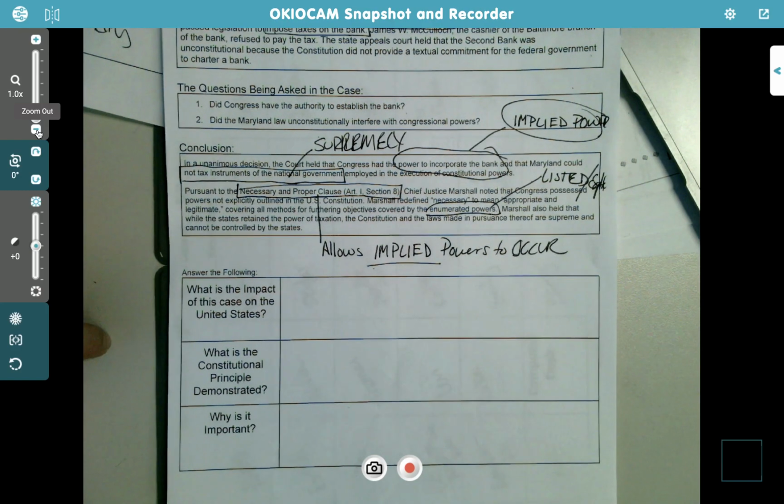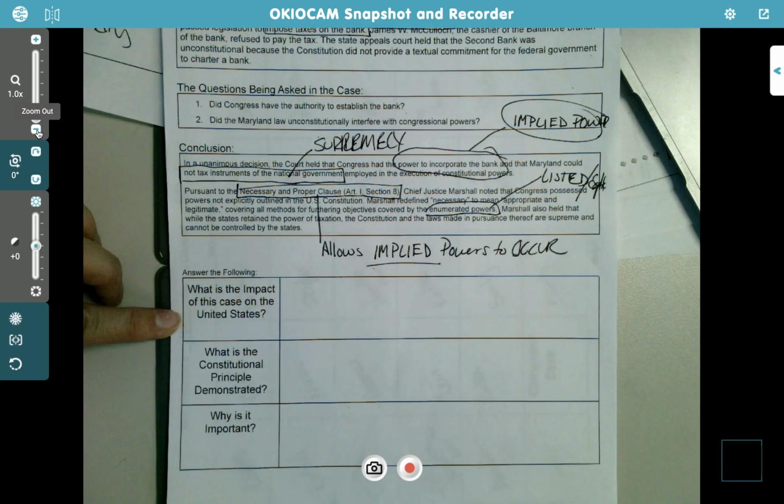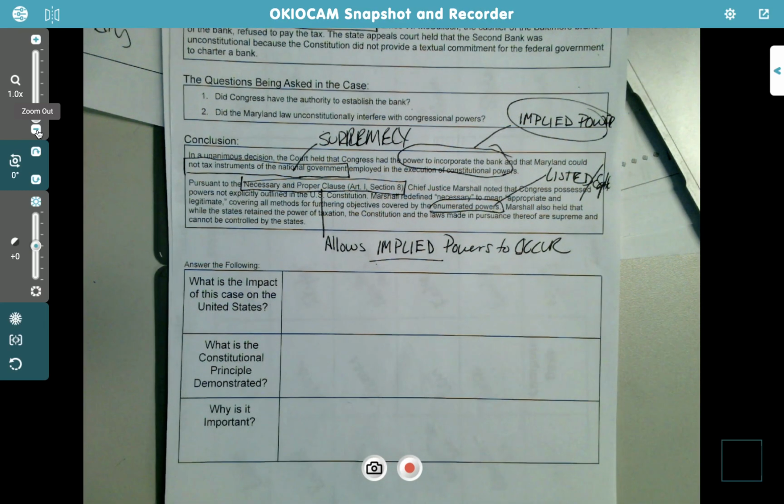So, when we talk about McCulloch versus Maryland, what is the impact it has on the national government? What impact does it have on people like you and I? Okay. Well, guys, is the government more powerful or less powerful after this case? More.